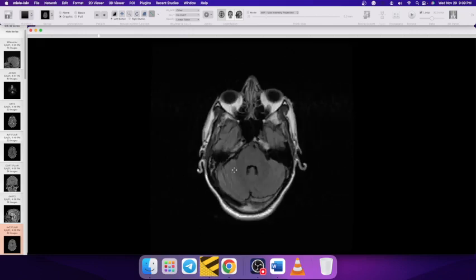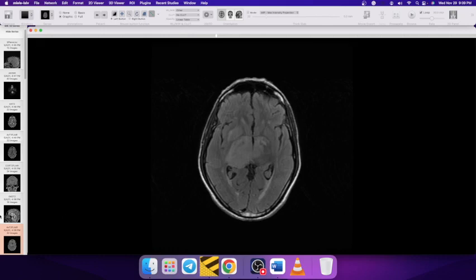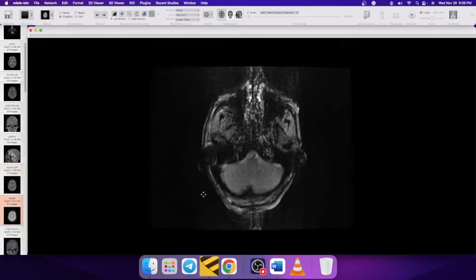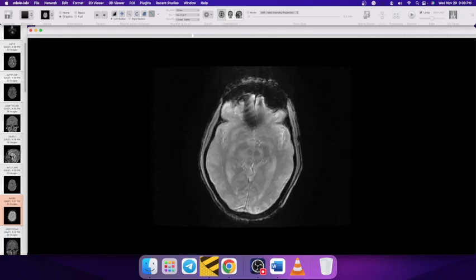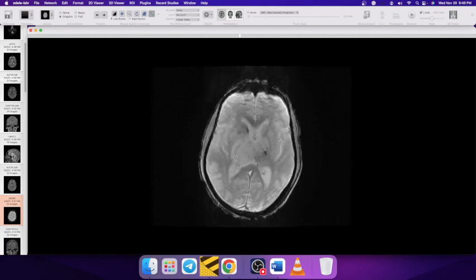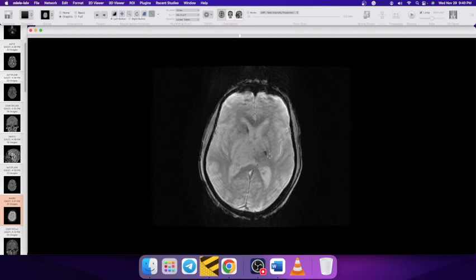So on the T2 flare images also, we can see hyperintensities in these regions, and in the GRE images there's no blooming in these regions, so there's no calcification or hemorrhage, but we see that there is a focus of blooming, likely an old blood product in the region of the left basal ganglia, capsulothalamic region, internal capsulothalamic region.